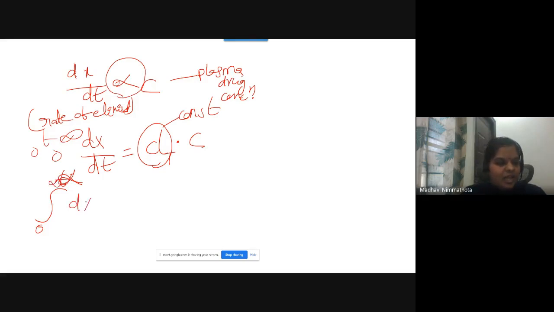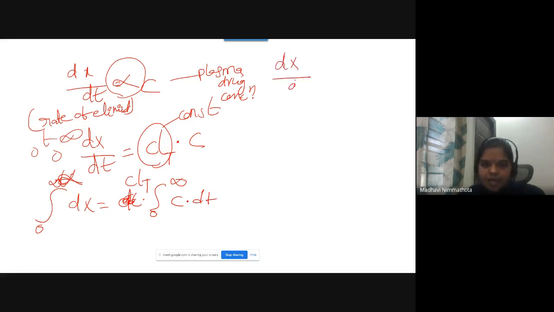Sorry, here it is CLT into C dt. See, here once again I am writing dx by dt is equal to CLT, this is a small l, into C. When you integrate this equation, because of elimination you need to write infinity.